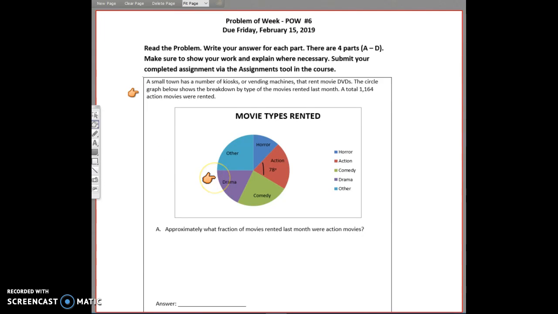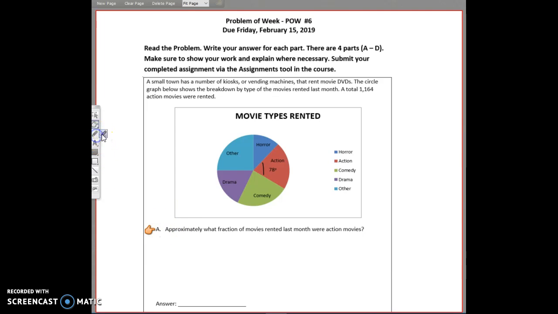So here is a circle. It has 1, 2, 3, 4, 5 sections or sectors. Each one is represented by a type of movie. So there's horror, action, comedy, drama, and other. And it's showing you that this measurement here to represent the action sector is 78 degrees.